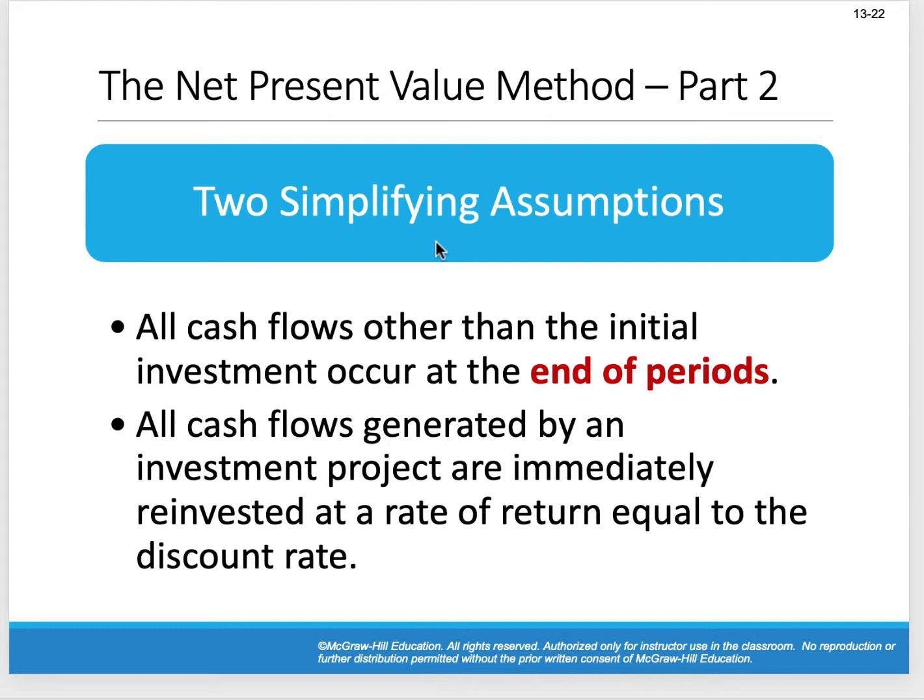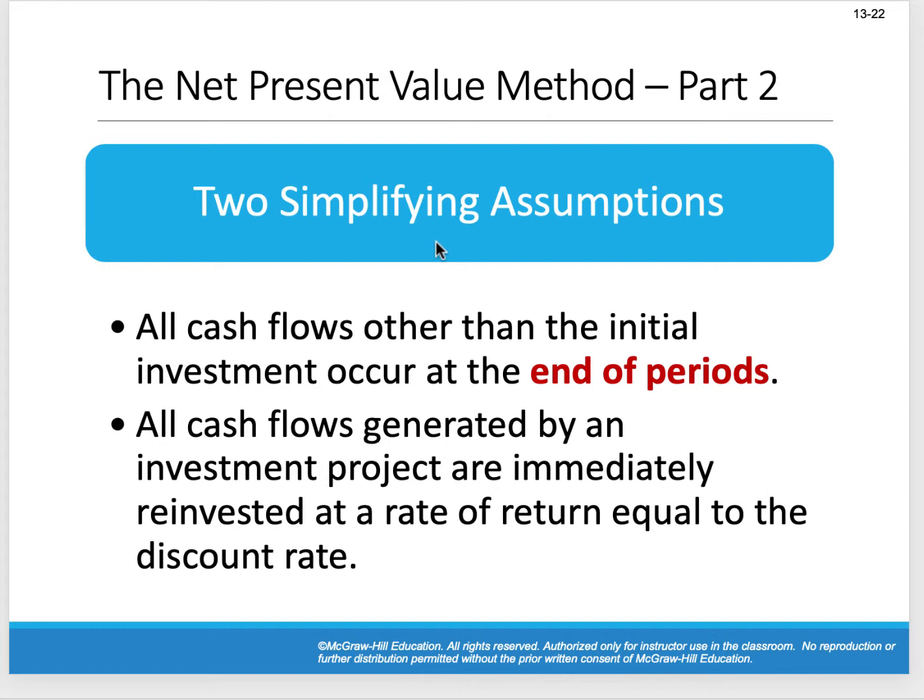Also, we're going to have a factor that we're going to have to discount these cash flows at. The factor is based on time, obviously, and it's also based on an interest rate.